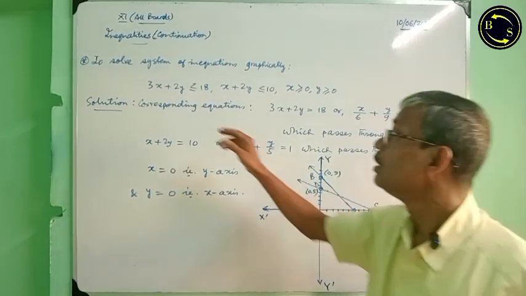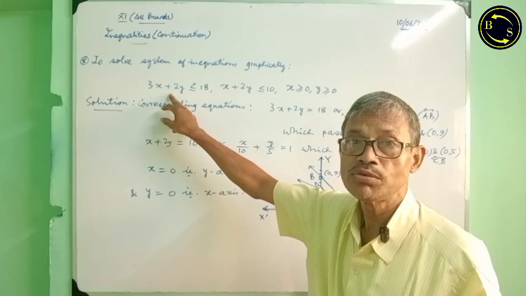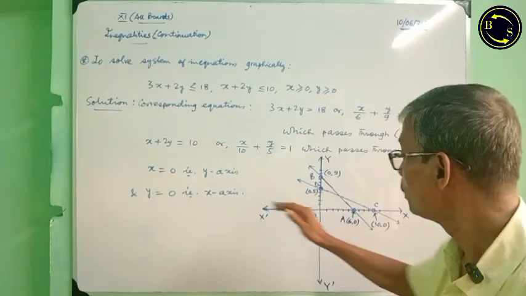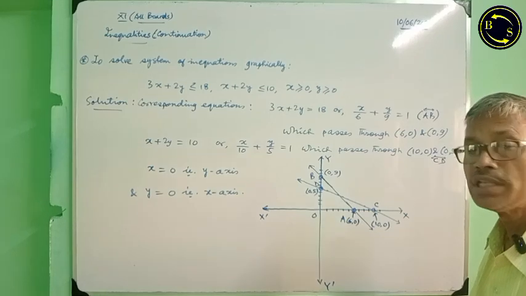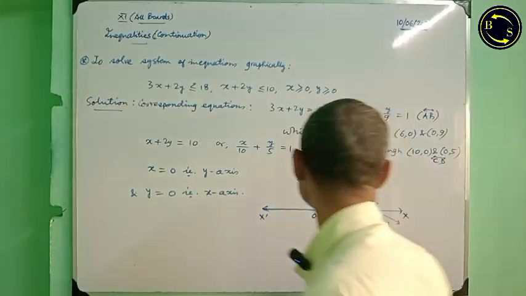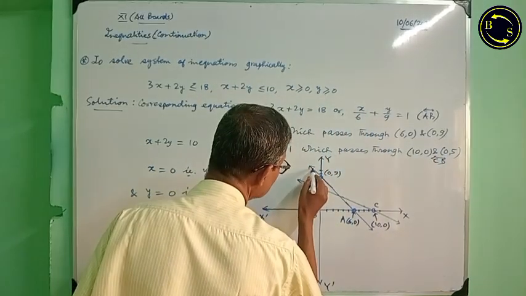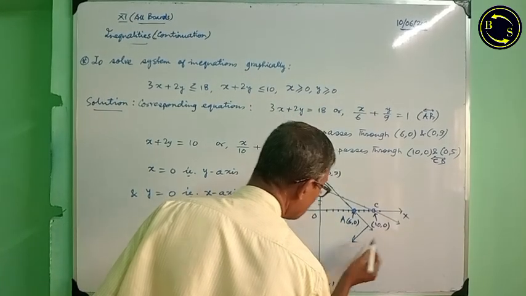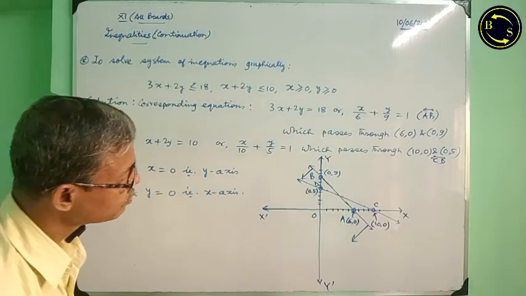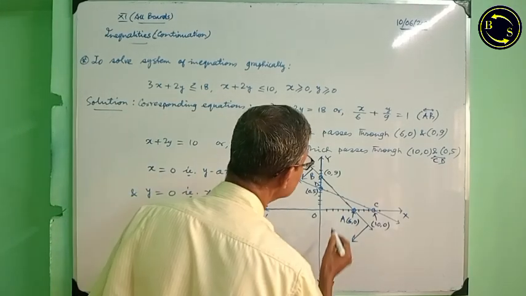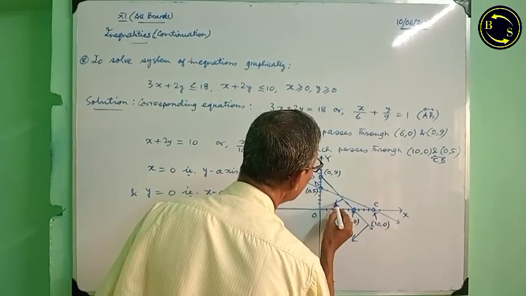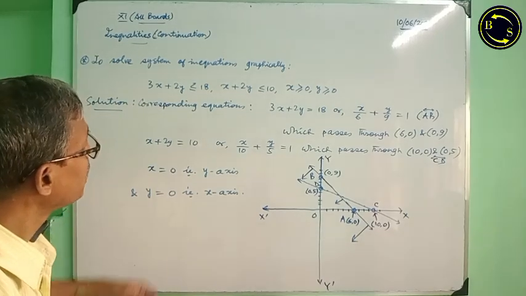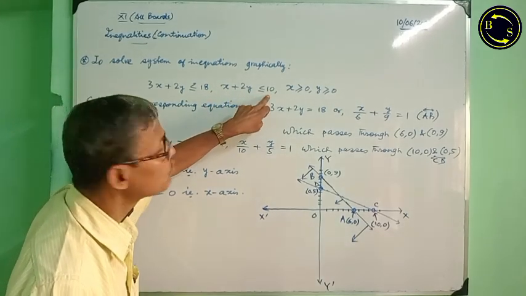Since 0, 0, that means x equal to 0, y equal to 0, is satisfying this inequation, therefore the region towards the origin will be the solution region. We mark like this. Then x plus 2y less than or equal to 10.